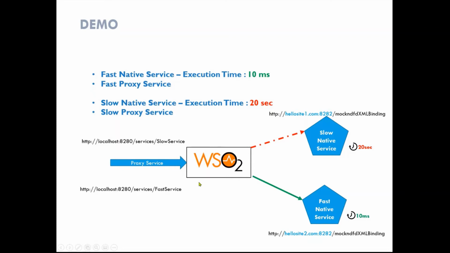However, in the case of WSO2, there is a dedicated set of connections or threads allocated for a slow service, as well as for a native service, and so on for all services. Therefore, no matter how slow the slow service is, or no matter how many requests come into the slow service, the fast service can still continue to execute as long as connections are available to execute a fast service. Let's move into the actual demonstration using SOAP UI.